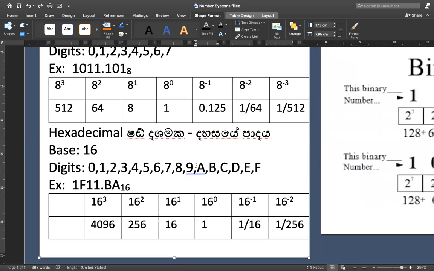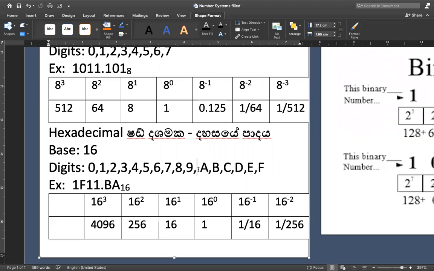Why are we using these special letters, A to F? What's the reason? Because of numbers above 10. If you use 1, 0 here, it's confusing because you are using the same symbols again. That means you are not using unique symbols, and that will confuse the value of these digits.